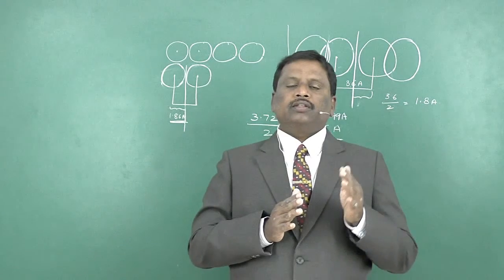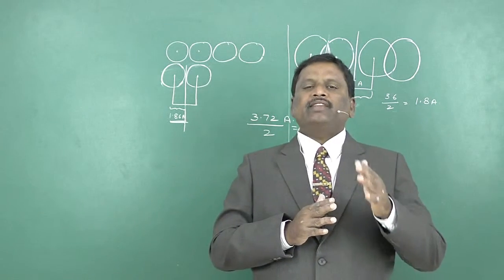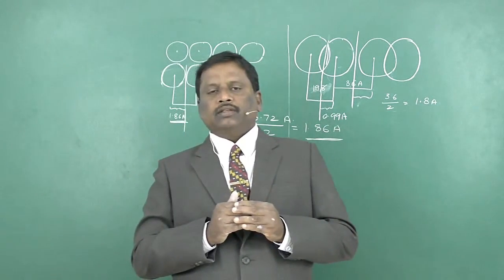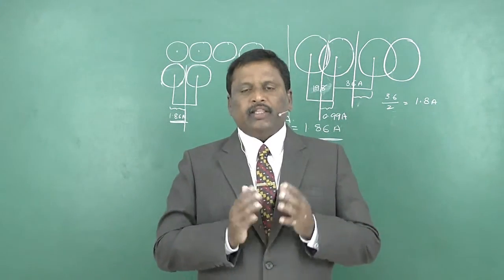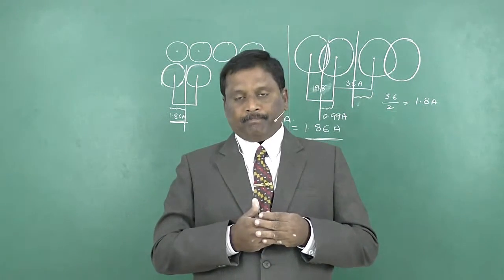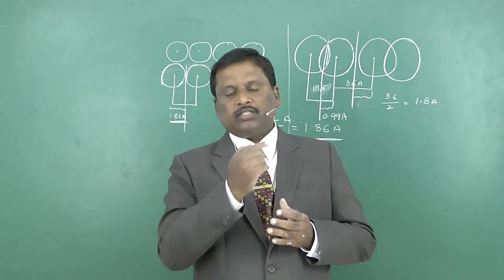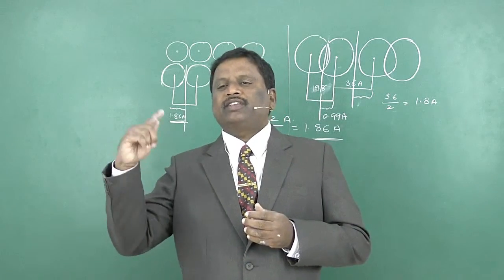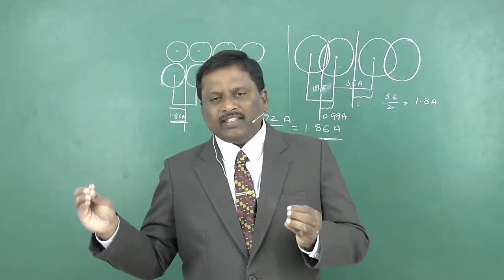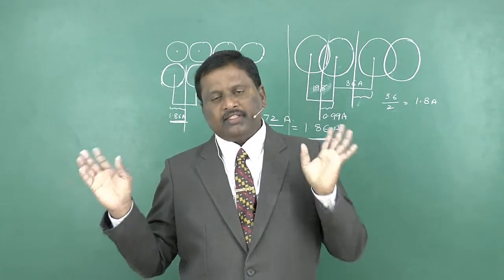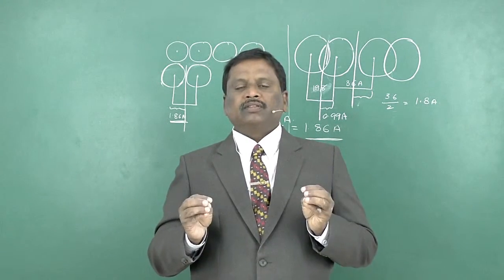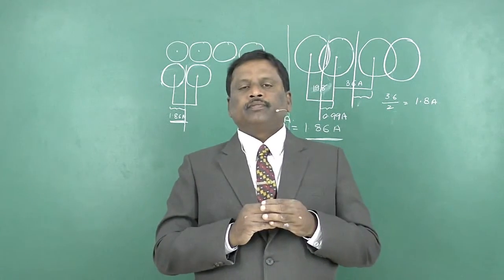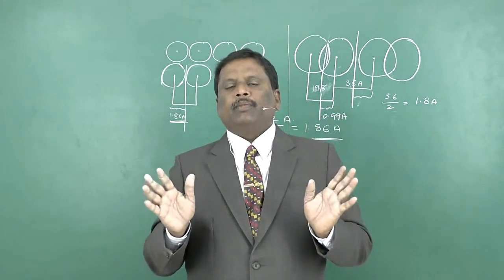Why are we not able to calculate the radius of an atom directly? The main reasons are, first, atoms do not exist in the atomic state. They always exist in the form of molecules. They are never obtained in the form of atoms.